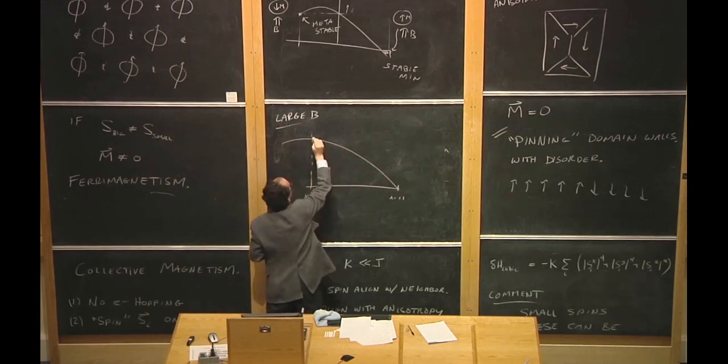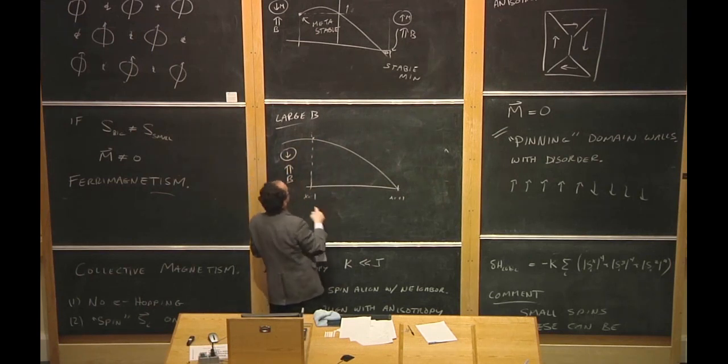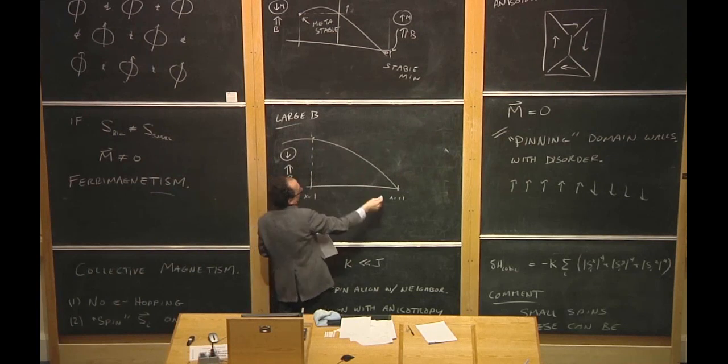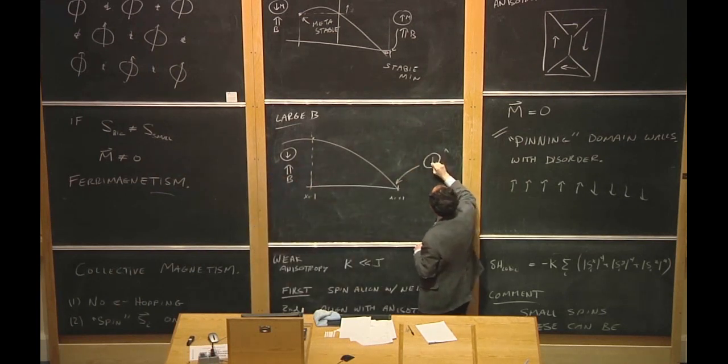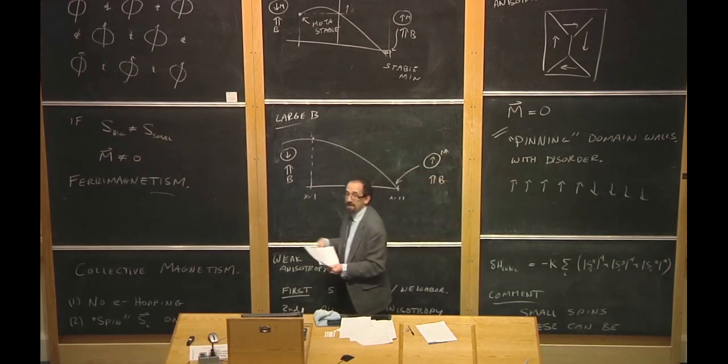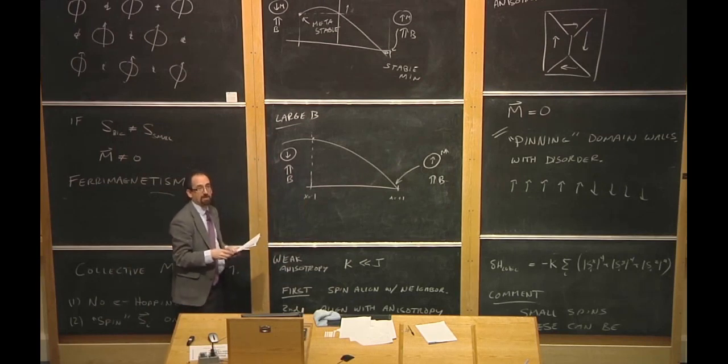And so this point here, with the magnetization pointing in the opposite direction of the magnetic field, is now unstable. Whereas this point over here is the only stable point, with the magnetization pointing the same direction as the magnetic field. Okay? So if the magnetic field is turned up enough, then you can flip over all of the magnetizations to point in the direction of the magnetic field. Is that clear how that works?